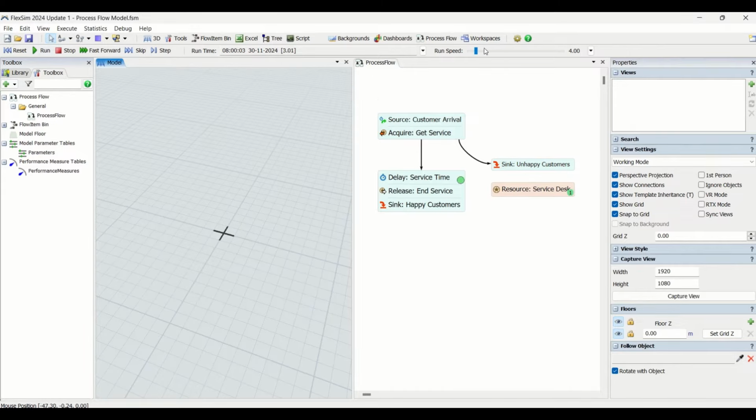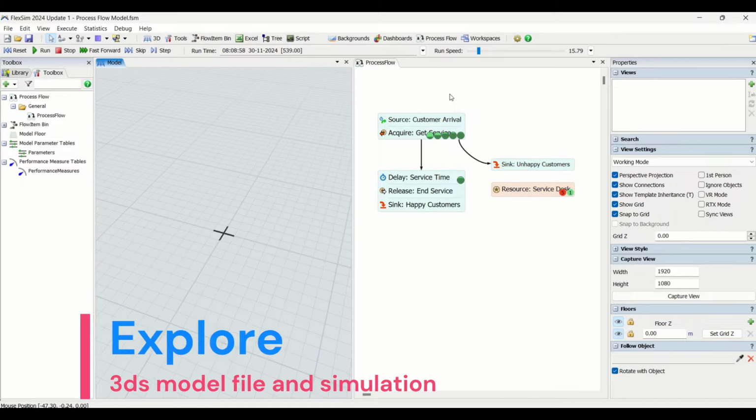For example, when we run this, we need to identify how many are our happy customers and how many are our unhappy customers, just like we did in tutorial 1, understanding and analyzing our 3D model so that we can take informative decisions out of a simulation, right? Statistics is the heart of what you have done in a simulation. Simulation is useless if you don't have statistics and analysis.